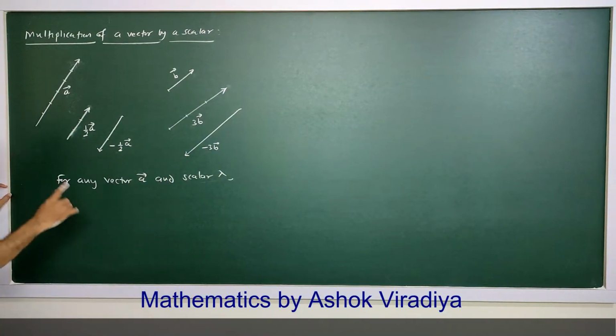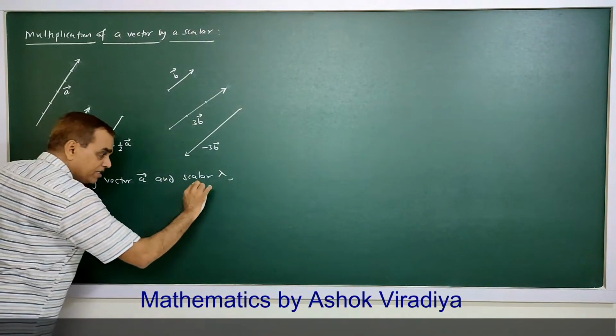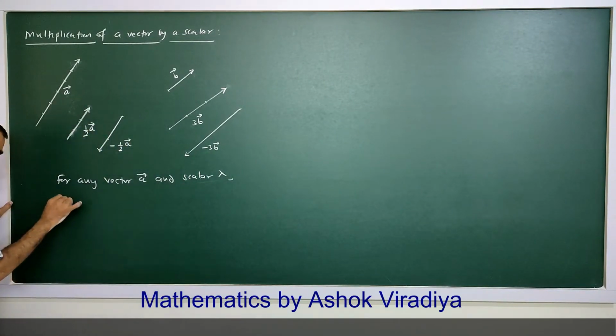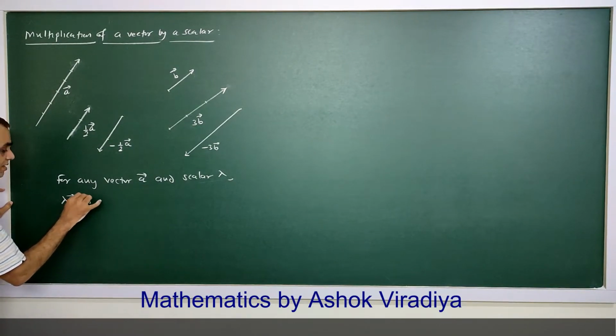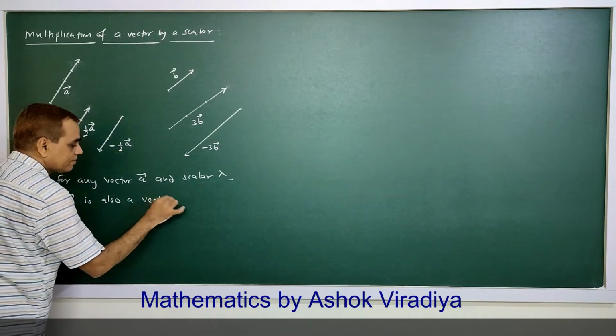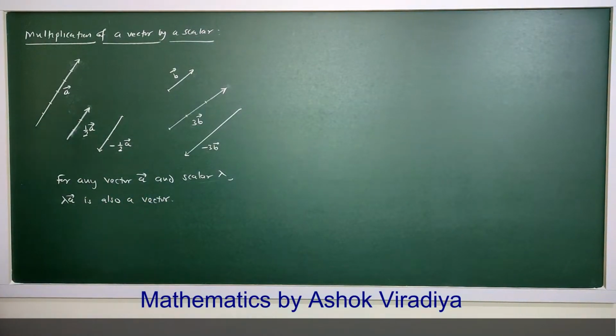So for any vector a bar and any real number, scalar meaning any real number, lambda a bar or lambda a is also a vector. Lambda can be positive, it can be negative. So this is multiplication of a vector by a scalar.